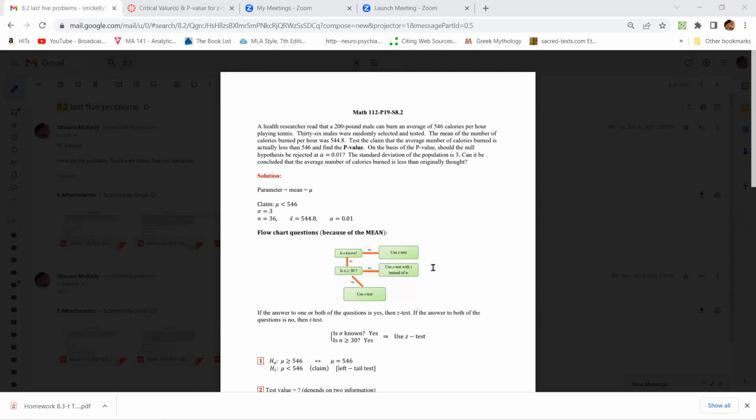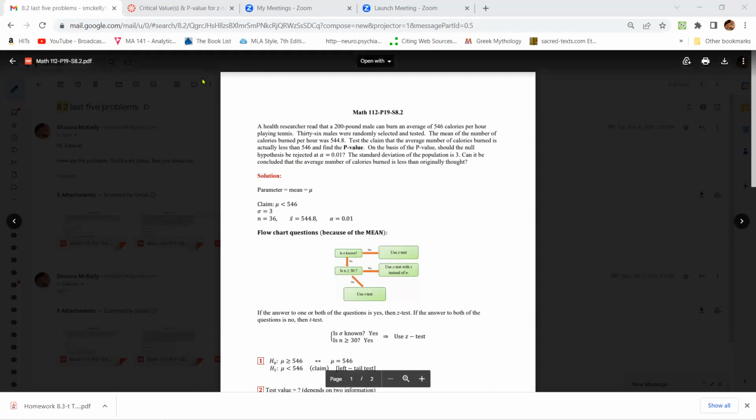Okay, so here's my problem. This is the same problem we just read. The top part, as I said, is the same. The parameters, the population mean mu. Now, my claim here is, again, I usually put H1 in here.